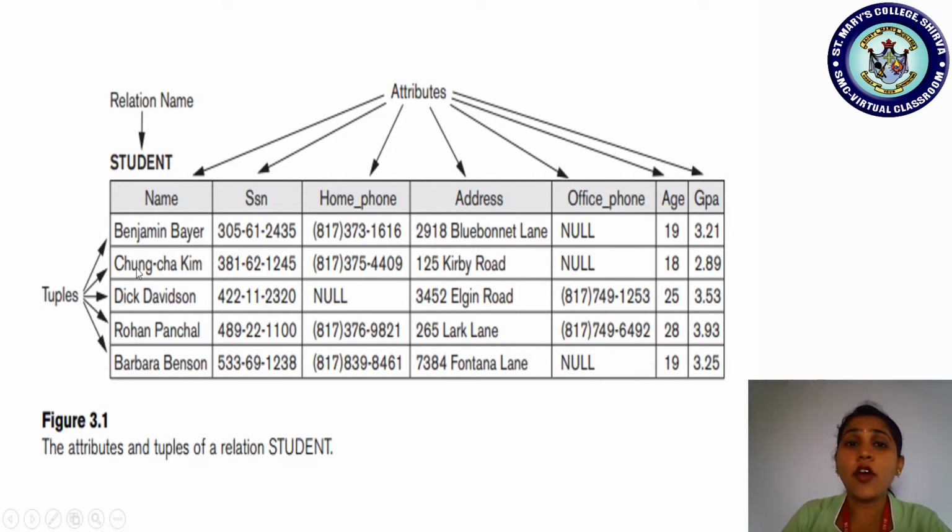Then the second record, Dick Davidson, is also a subset of student. Rohan's record is also a subset of the student relation. Barbara Benson's record is also a subset, or else Benjamin and Chung, if you are fetching these two combined, again this becomes a subset of the student relation, or else Chung, Dick, Rohan, even the combination of these three records also becomes a subset.